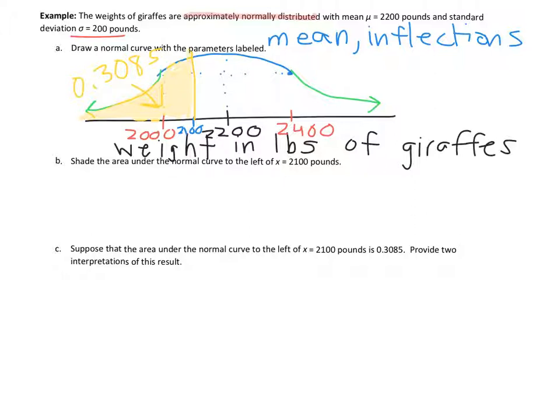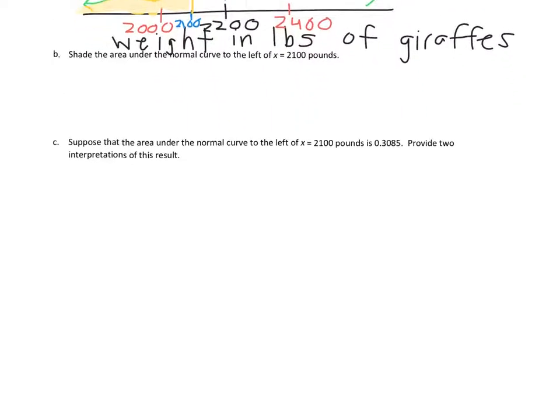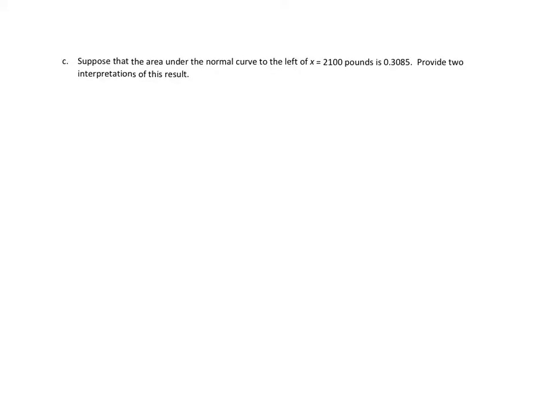Okay, give two interpretations. So remember, the first interpretation has to do with the individual. The second one has to do with the population. That's what we just did before this example. All right, so let's see what this is going to look like. So our first interpretation is the probability of an individual. So we would say the individual in this case is giraffes.